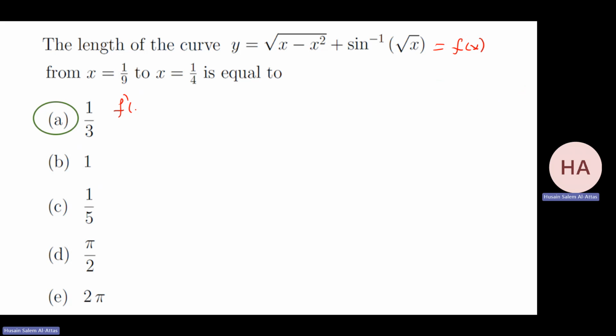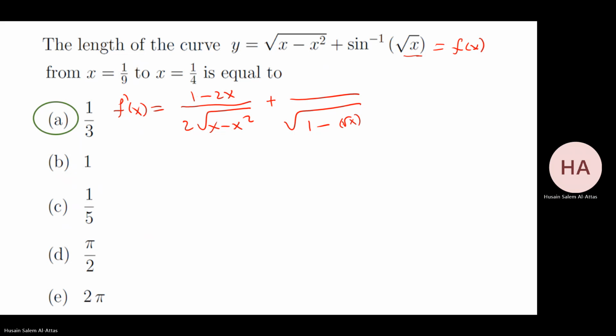F prime of x will be what? 2 square root x minus x squared, 1 minus 2x, plus the square root 1 minus u squared. Let me write this. Derivative of this, 1 over 2 square root of x. So that gives me what?